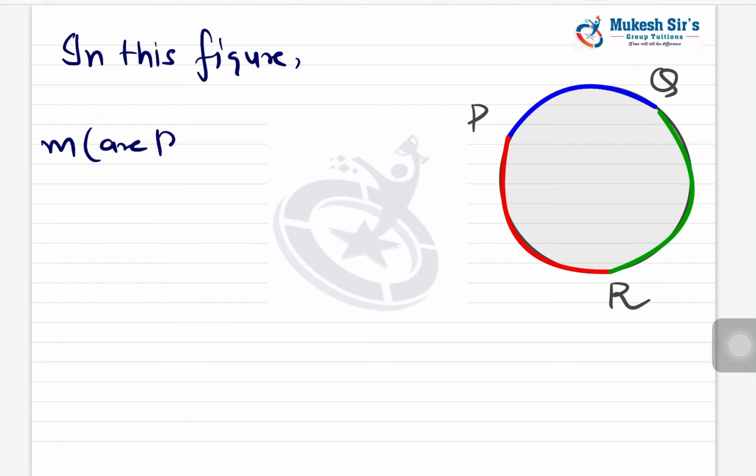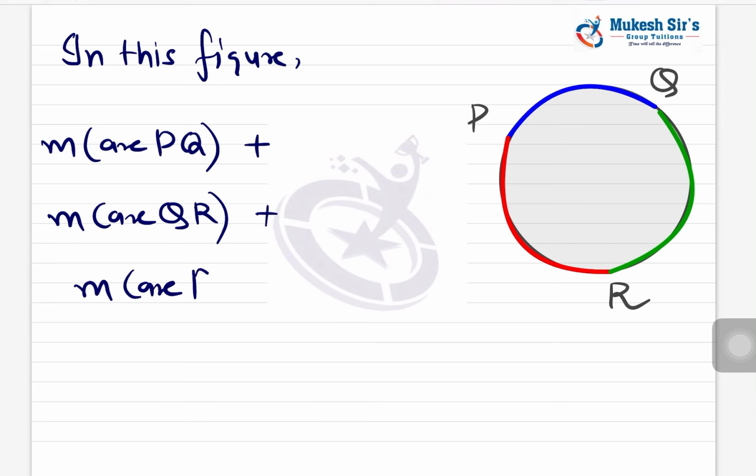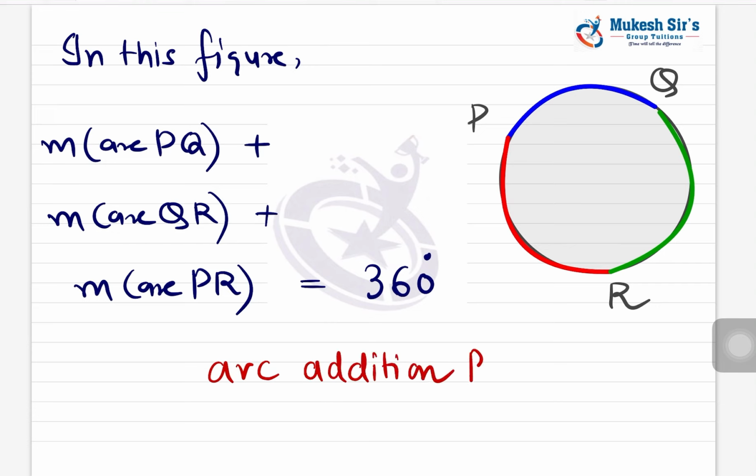Measure arc PQ plus measure arc QR plus measure arc PR is equal to 360 degrees. And the reason is arc addition property.